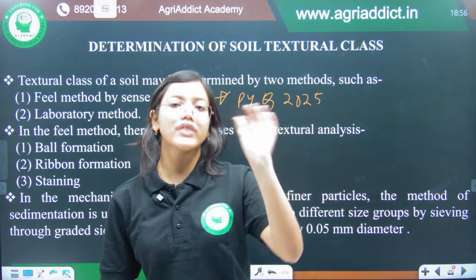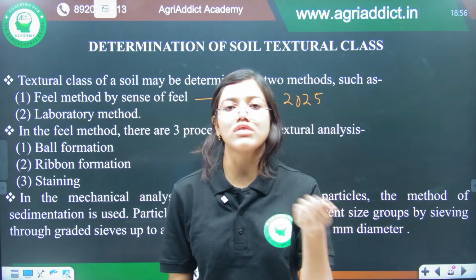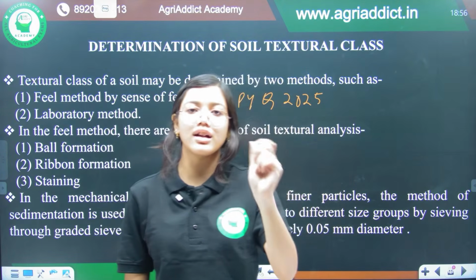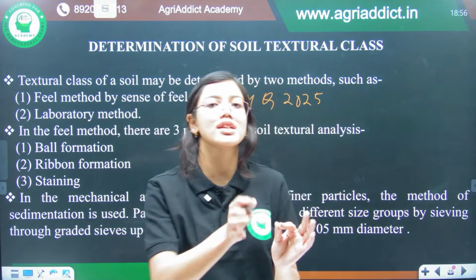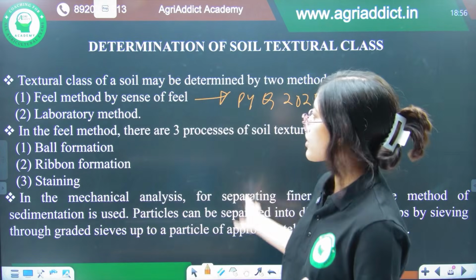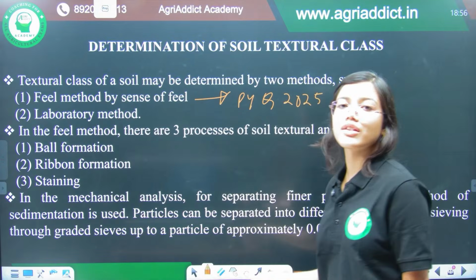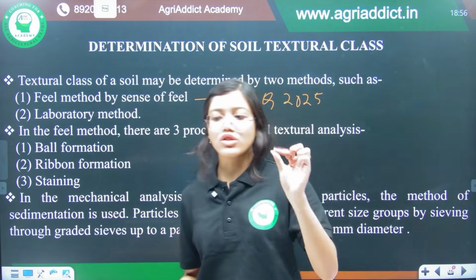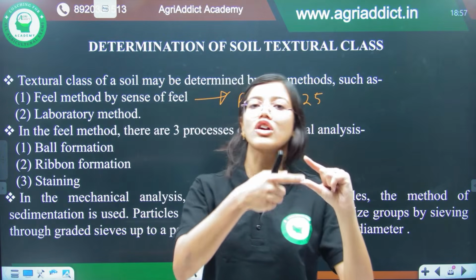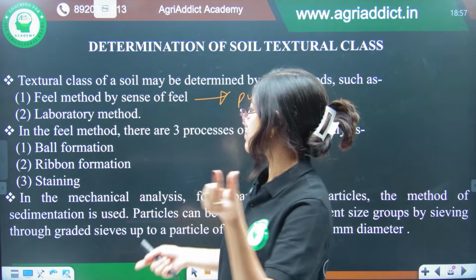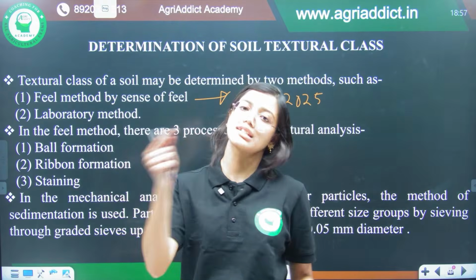How can you feel the texture of your soil, or how can you identify the percentage of moisture in your soil through the feel method? That was a PYQ, and the feel method will give you a sense of feel. If your soil is not at all sticky, you take the index finger and the thumb, and if it is coarser, not sticking to your hand, then it is sand.